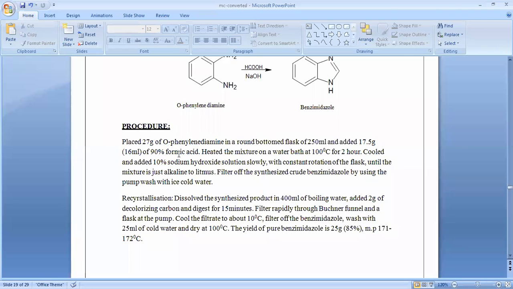Formic acid is used as a ring closure reagent.